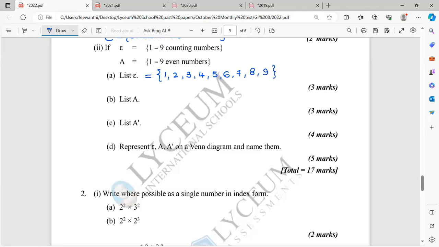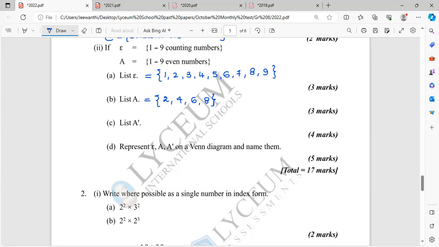So then the set A, what is set A? The even numbers. So then you write 2, 4, 6, 8. That's it. You don't have 10 here, no? It's 2, 4, 6, 8.